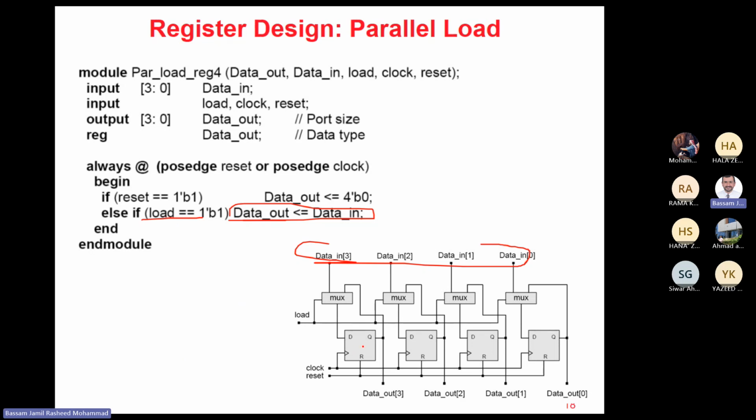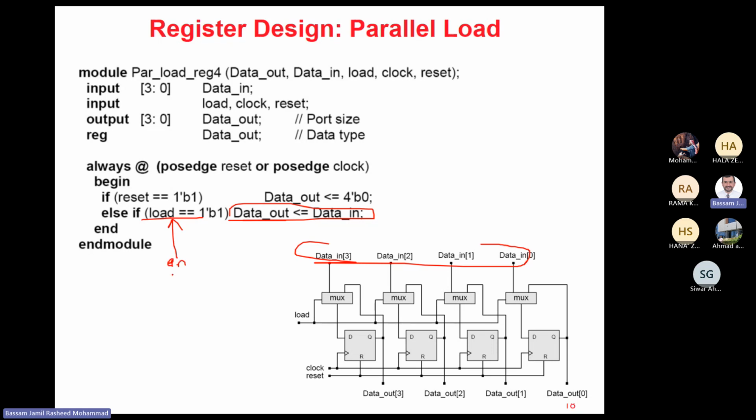Basically, we keep the old value of the data. So you load this register if the load signal equals 1, and the data comes from data in. Otherwise, if load is not present, we don't do anything.